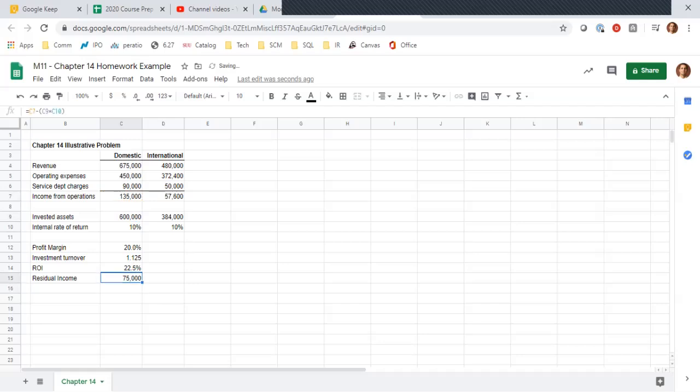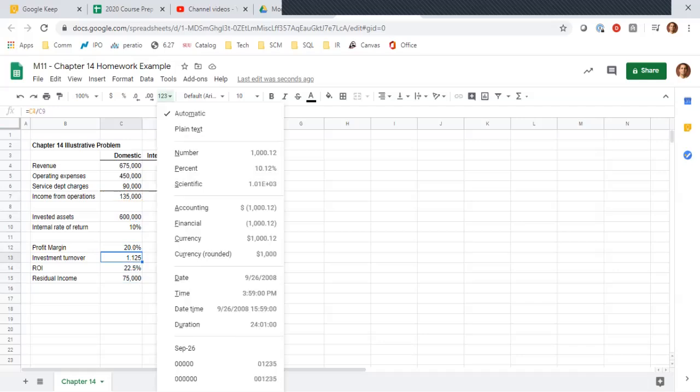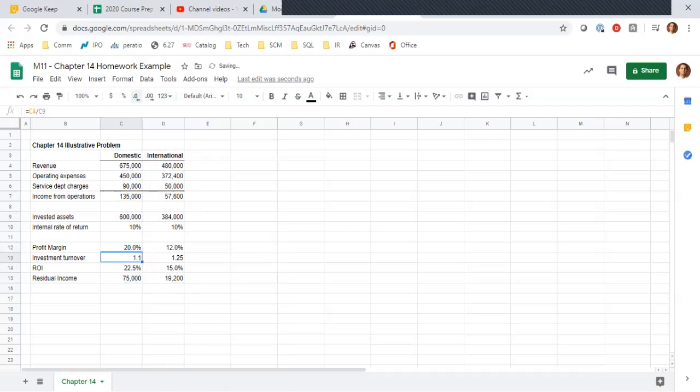Okay, so our residual income is 75,000, and because we're working in an awesome spreadsheet environment, we can just drag those over, and now we have the same data for both the domestic and the international units.